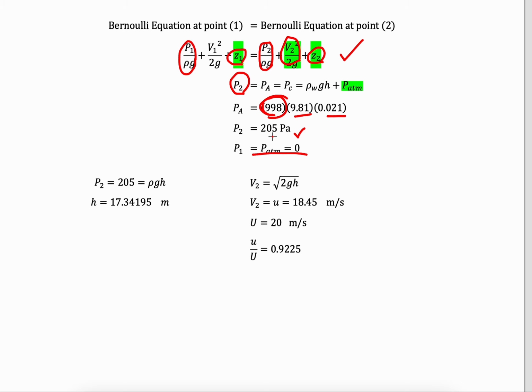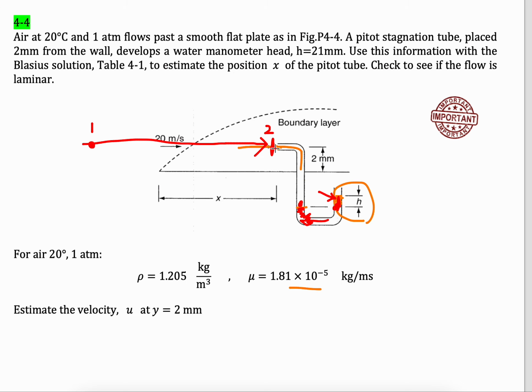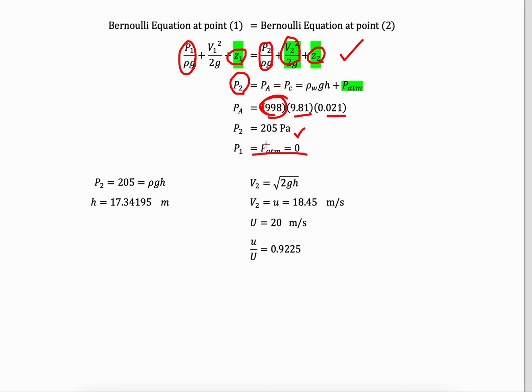So we know that if we take out the U-tube, the pitot tube here, the pressure of 205 Pascal will be 100% converted into kinetic energy, because at this point the fluid will flow at maximum velocity. So by using that idea, we need to convert the pressure of 205 Pascal here into velocity.